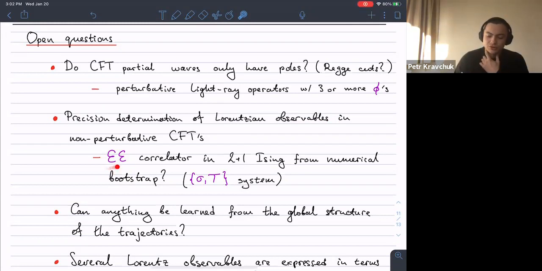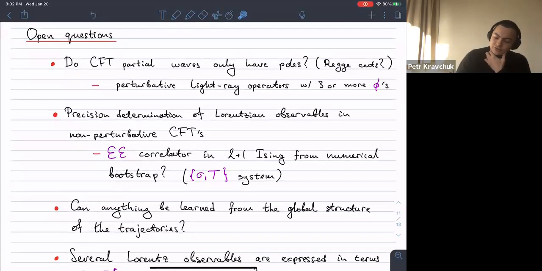For example, one concrete thing we can try is to determine the energy-energy correlator in 2D using numerical bootstrap. For that, it will probably be helpful to do numerical bootstrap on the sigma-T system and try to find the continuation of the data that we can extract from there.